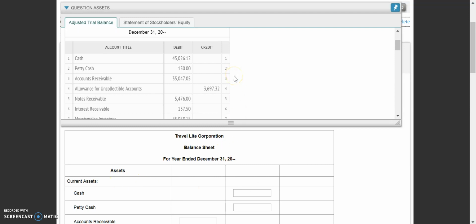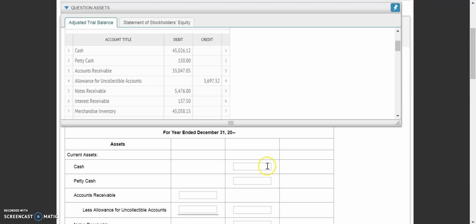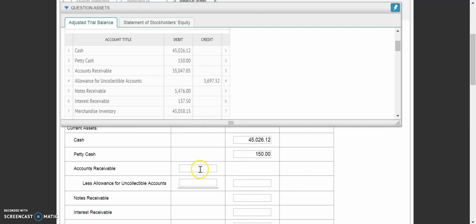Remember, current assets are anything that we can turn into cash within a year's time. So we start plugging in our amounts for each of our assets. I'm just going down the line here. We will get to our first one here, accounts receivable. So we start with our balance in accounts receivable, which is $35,047.05.